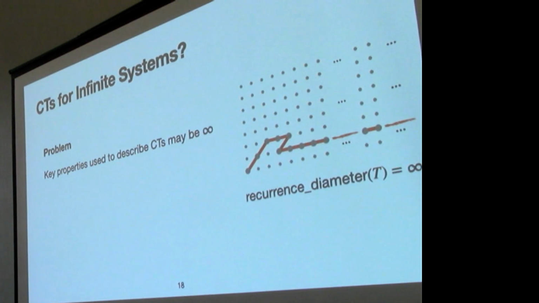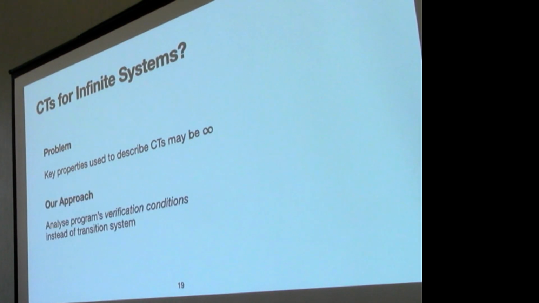So that means that we have to find a new way to look at things. What we basically did is, instead of studying the transition system that corresponds to a program, we study the program verification conditions.